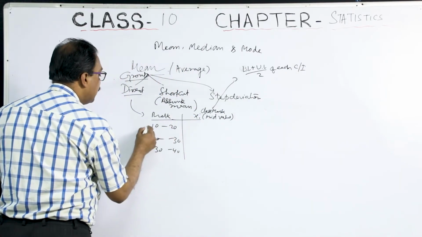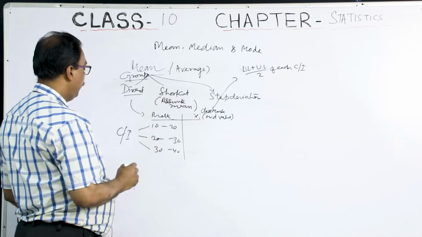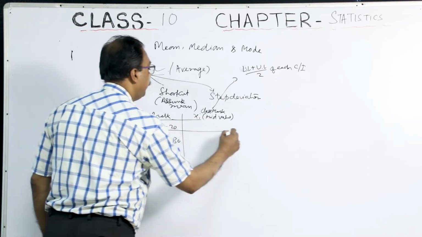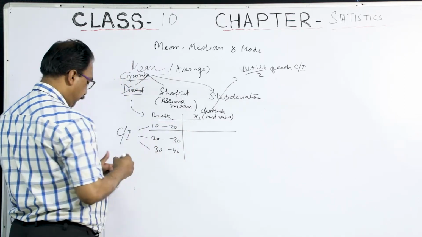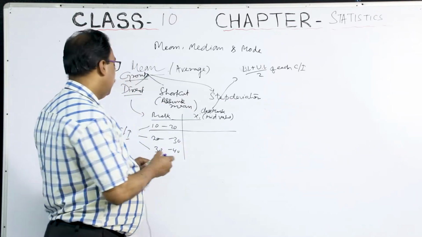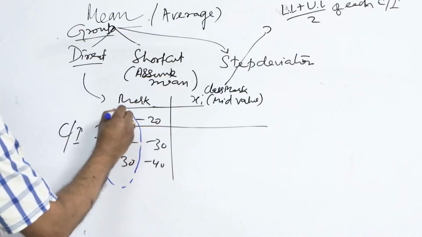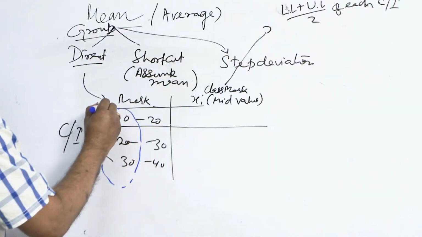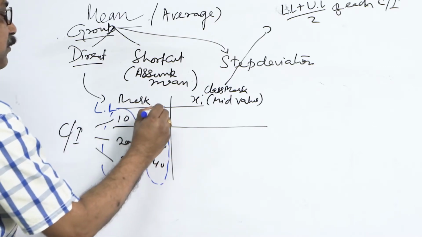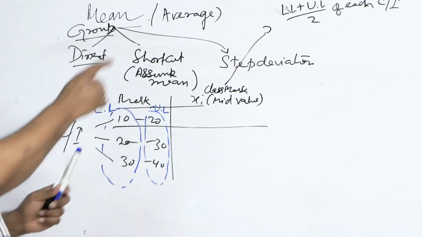These are called class intervals, C.I. So for each class interval you have to find the class mark, the mid value. What is the lower limit? This part is called the lower limit, and this part is called the upper limit. Do you follow me? You have to add these two for each class interval.